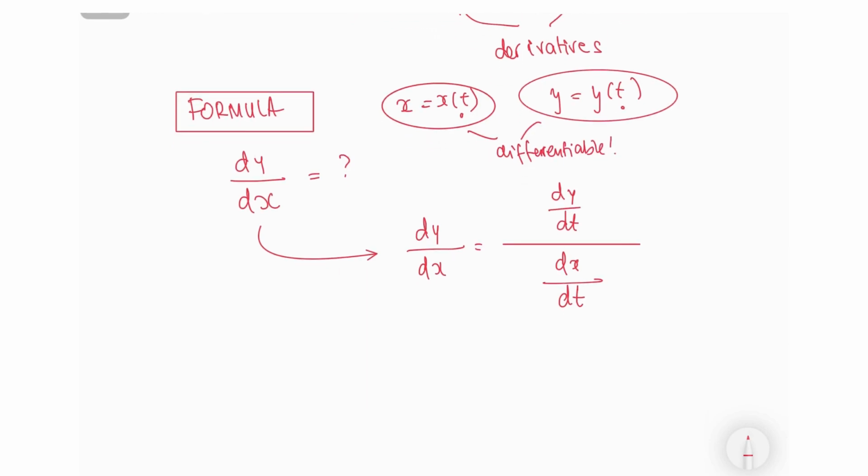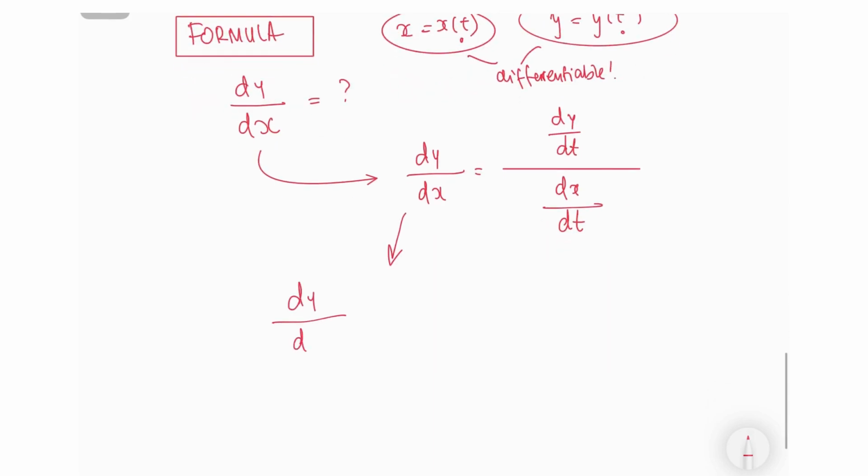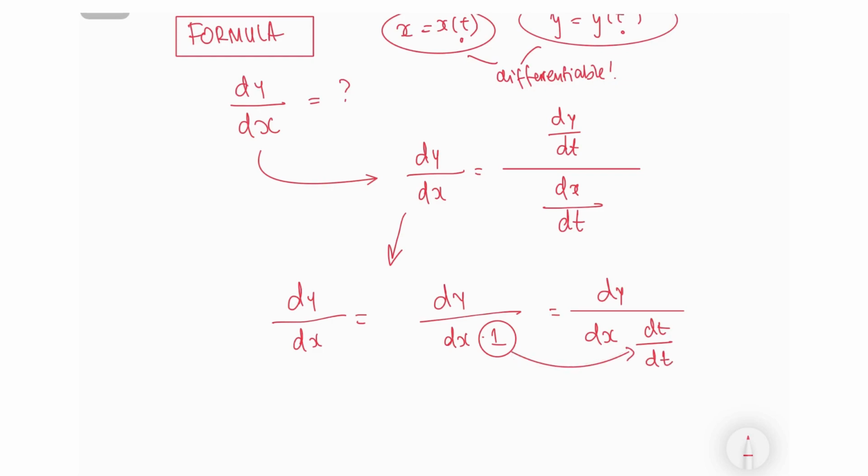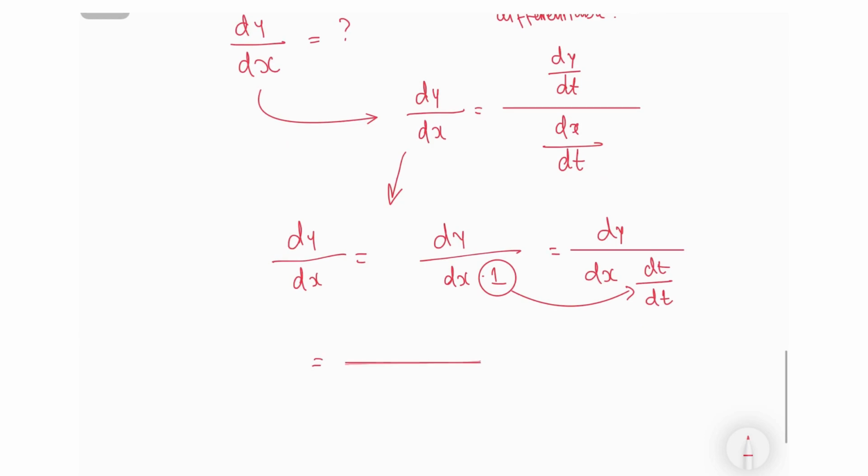And then here it is actually meant as multiplying by 1. If you look carefully, dy over dx is the same as dy over dx times 1. And 1 we can write as dt over dt. That is now equal to dy over dt divided by dx over dt.